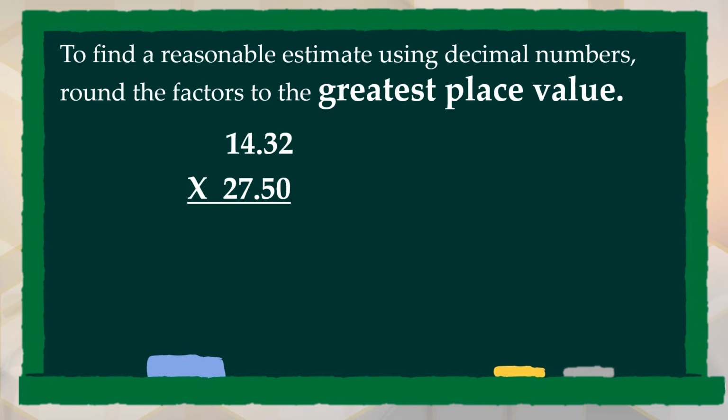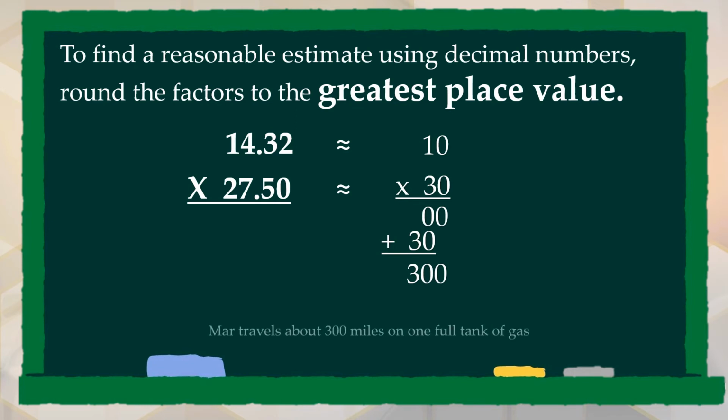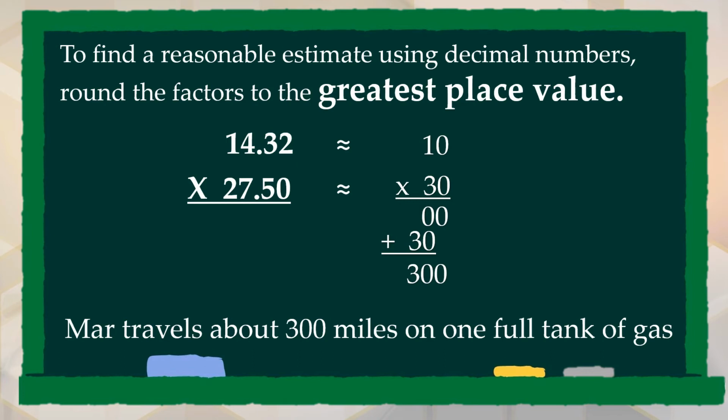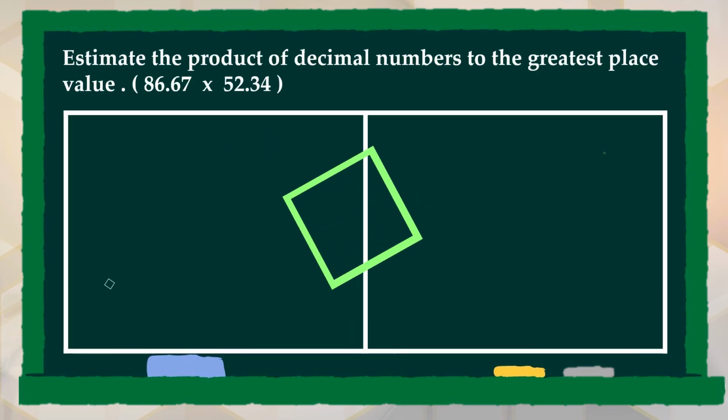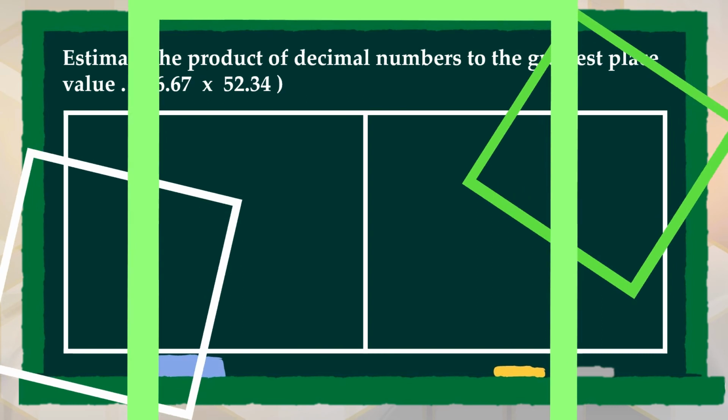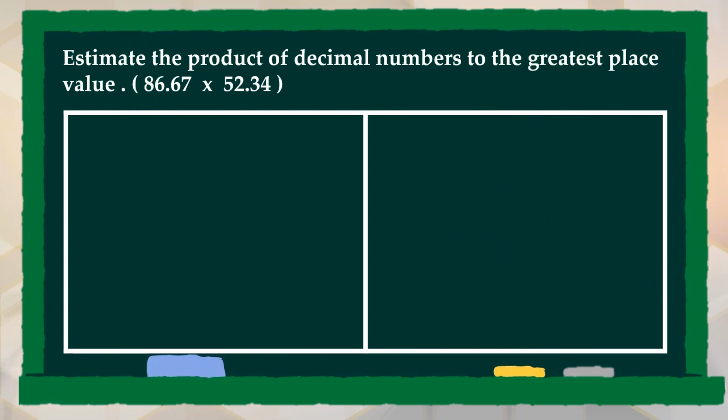So, 14 and 32 hundredths is approximately equal to 10, while 27 and 50 hundredths is approximately equal to 30. So, 10 times 30 is 300. So the distance that Mark can travel in one full tank is about 300 miles. Let us have another example of estimating the decimal numbers to the greatest place value.